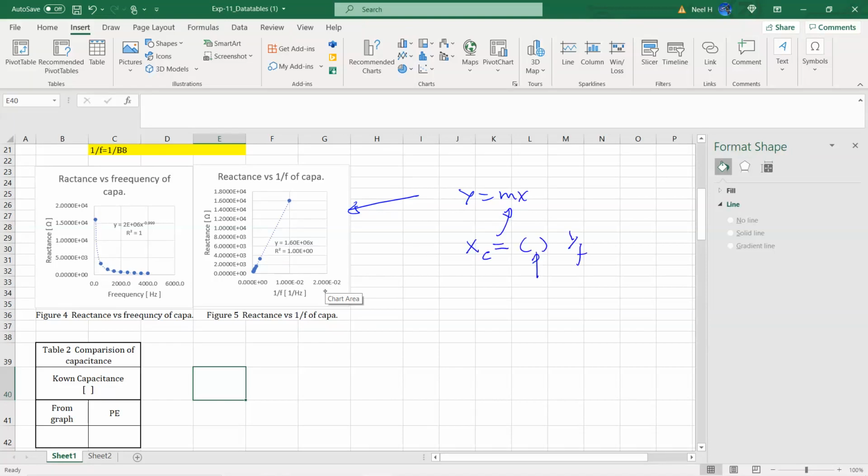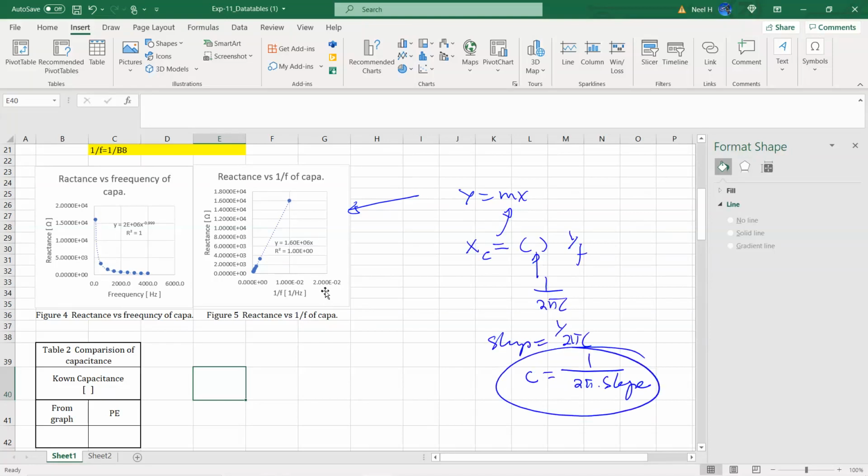This part right here is going to be 1 over 2 pi times c. Then we can say the slope of the graph is equal to 1 over 2 pi c. From there, I can find the capacitance: 1 divided by 2 pi times the slope of the graph, right? So the very simple calculation.